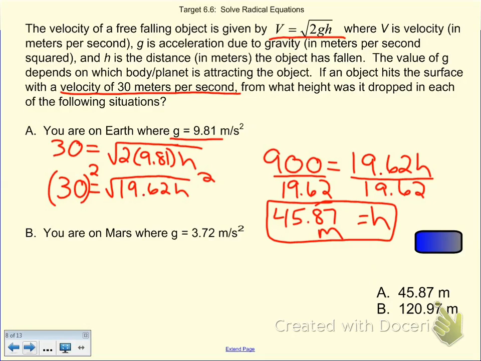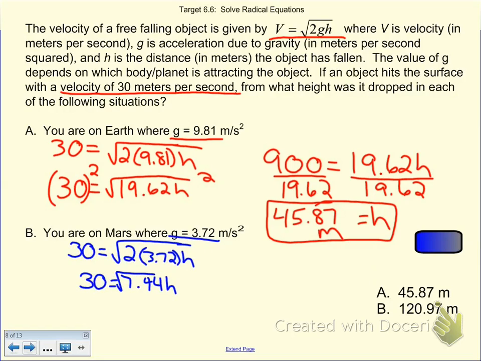Now we're going to try it for Mars. Same process. We do 30 equals the square root of 2 times, this time gravity is 3.72 times h. So we have 30 equals 2 times 3.72 gives us 7.44h, and this is still being square rooted.